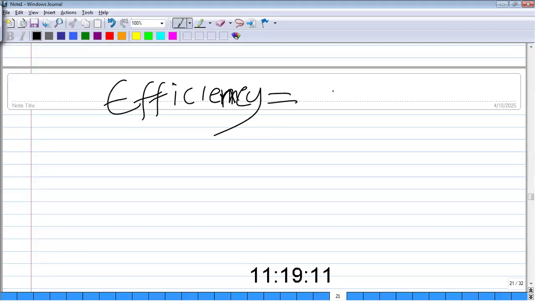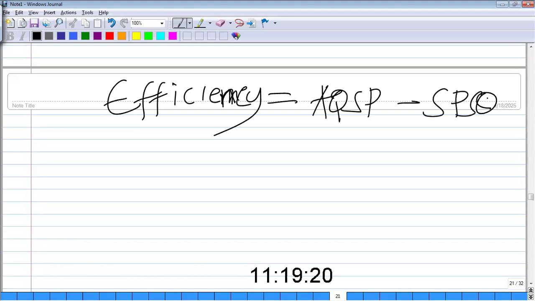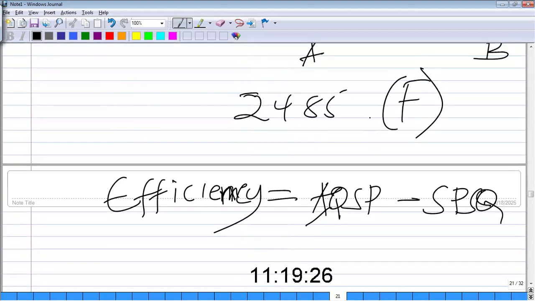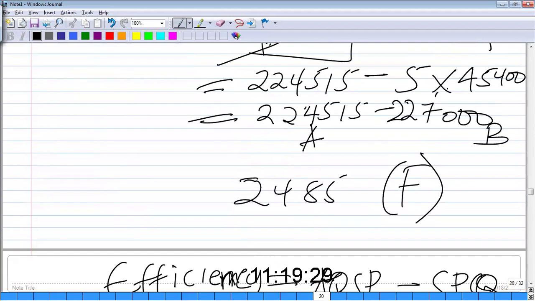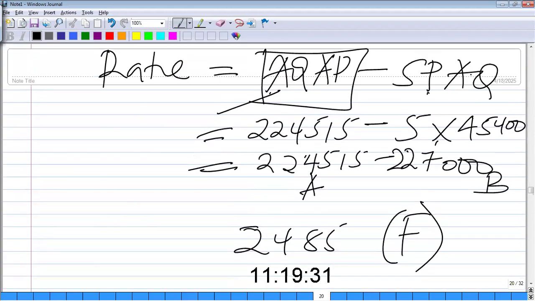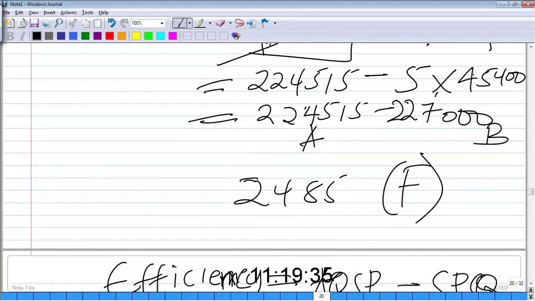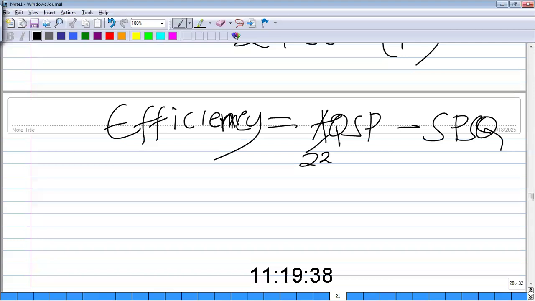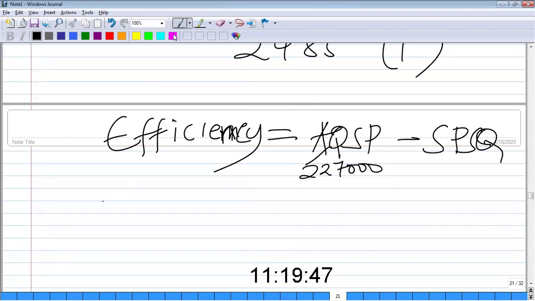So the efficiency formula is AQ times SP minus SQ times SP. The AQ times SP was already computed here: 227,000. Why do I have a red screen?